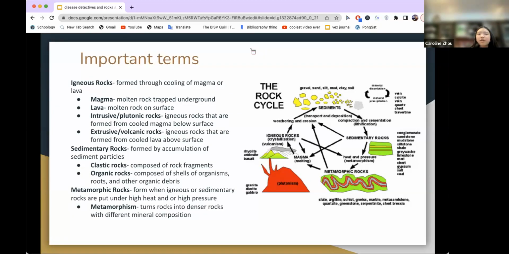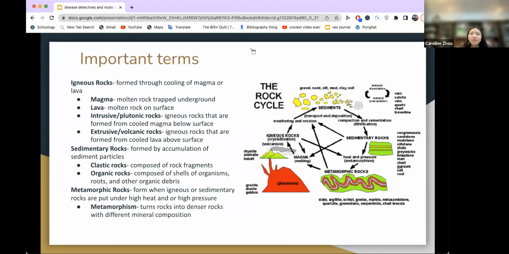Sedimentary rocks are formed by accumulation of sediment particles. There are 2 types. The first is clastic, which is composed of rock fragments, so basically rocks made from the fragments of other rocks. Then there are organic rocks, which are composed of shells of organisms, roots, and other organic debris, hence the name organic rock.